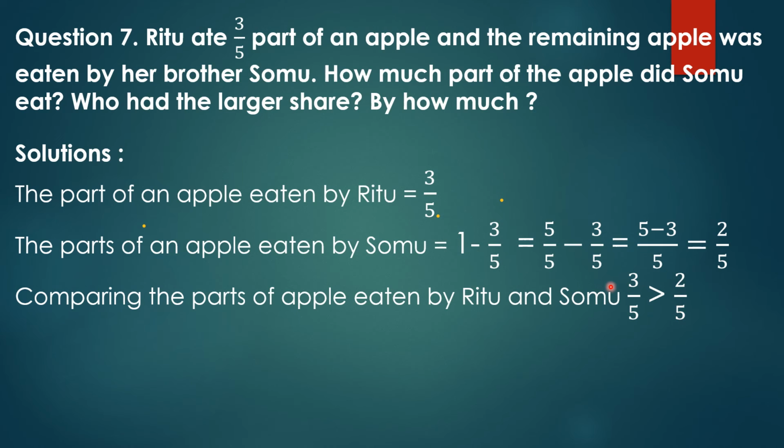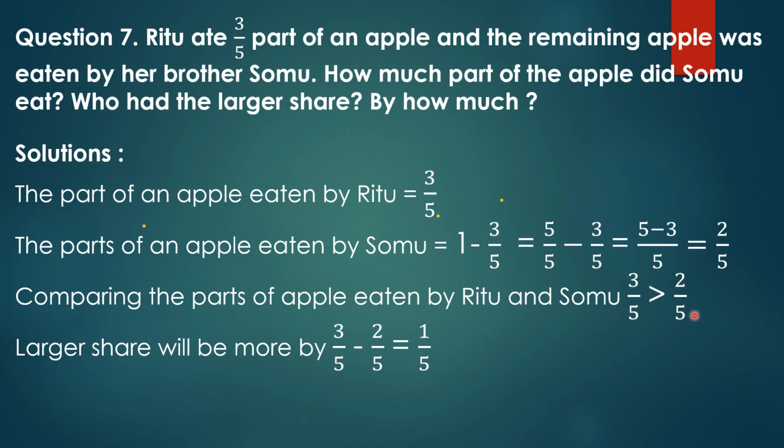Here the denominators are the same, therefore compare the numerators. 3 is greater than 2, therefore 3 by 5 is greater than 2 by 5. So Ritu has eaten more, the larger part of the share.